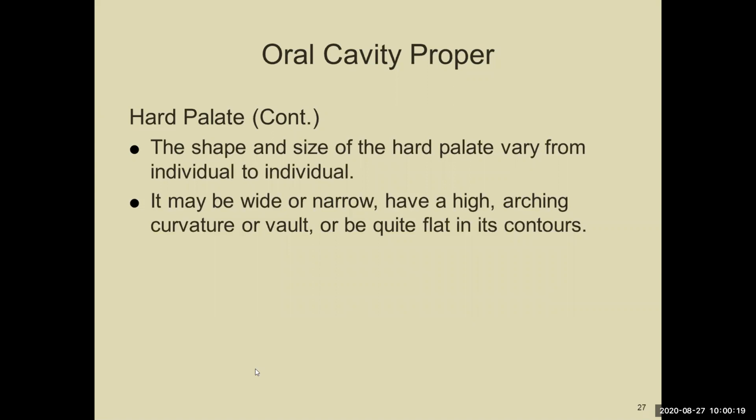The shape and size of the hard palate vary from individual to individual, and you are going to be describing that when you do your oral inspection. Is it narrow? Does it have a high vaulted arch? Narrow, high vaulted arch, those tend to be our mouth breathers, versus quite flat, which has a wide jaw.